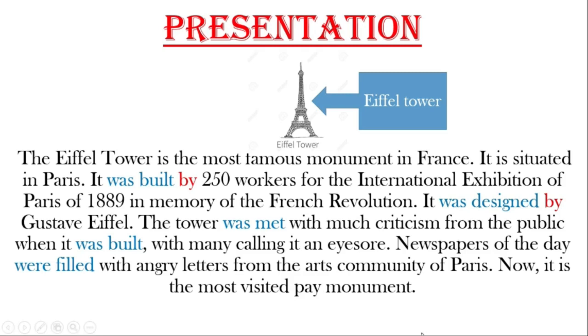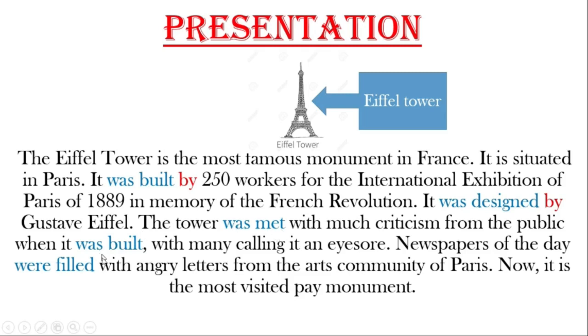Very good. So this was a very short presentation about this landmark, which is the Eiffel Tower. Now, as you see here on the screen, I highlighted some words in red and in blue. Now, let's see the first highlighted words. Was built by. Then, was designed by. After that, was met.